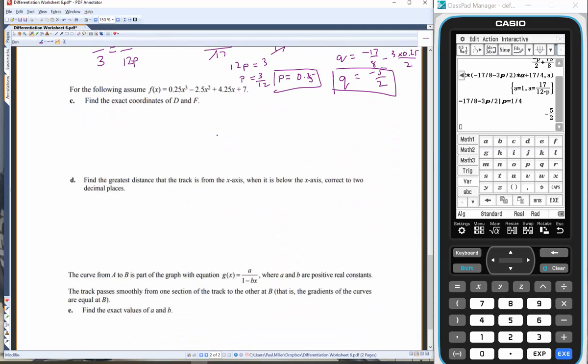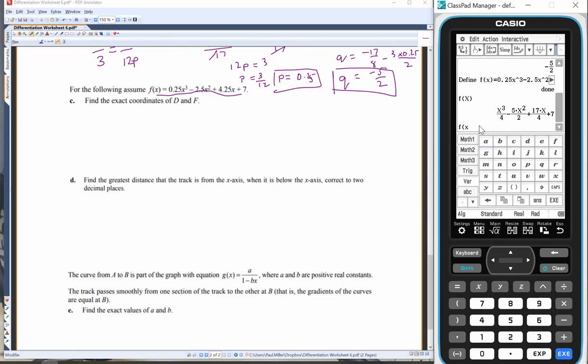And because we're going to be using this from now on, that's going to be relevant for C, D, and E. I'm now going to define f of x equals 0.25x cubed, take away 2.5x squared plus 4.25x plus 7.